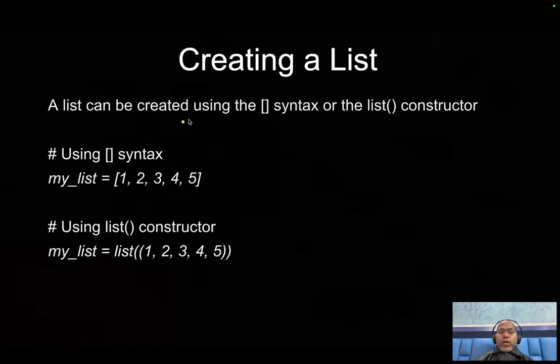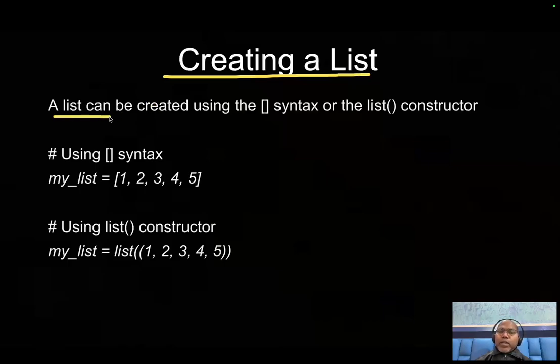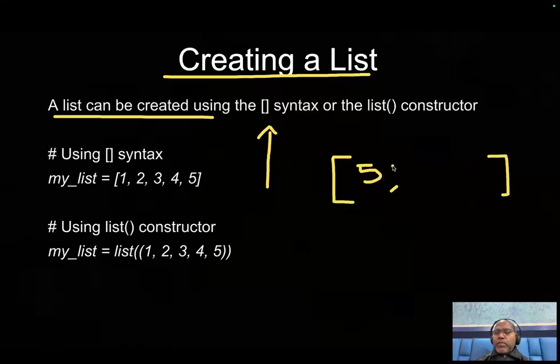Okay, so let's see how to create one. A list can be created just using this syntax: square brackets, and put the values. This is a 5, this is 7, this is 9, this is 2. So this is considered a list. That is one way.